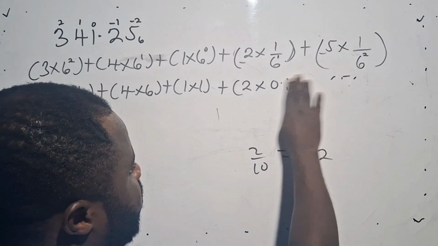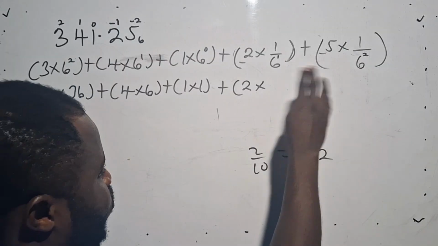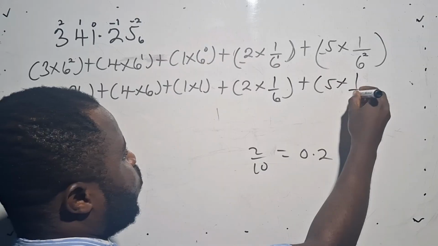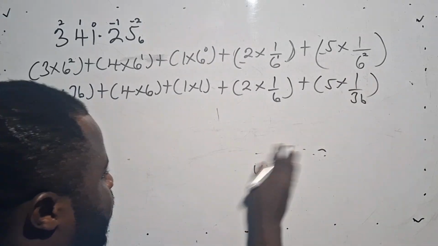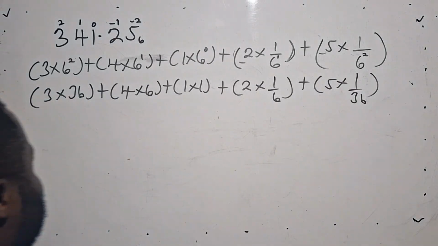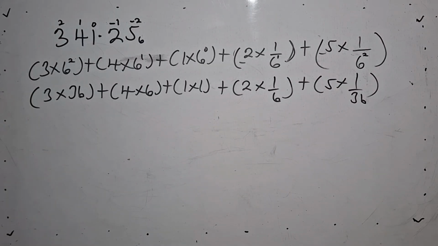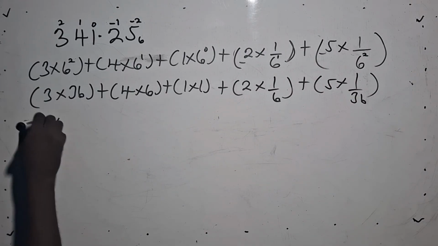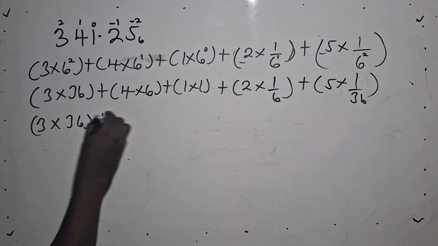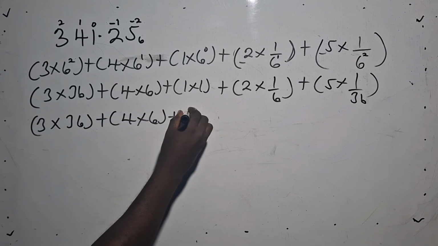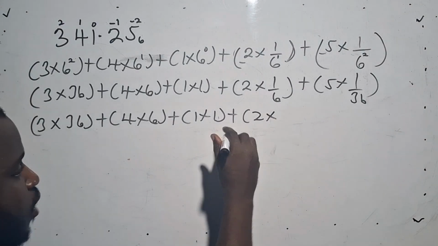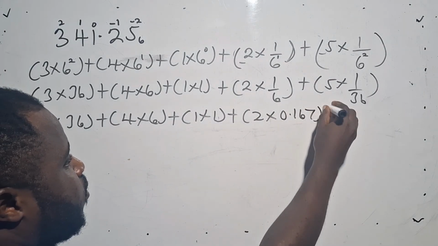Okay, let me even make it step by step. I don't want to jump steps. So 1 on 6 here plus 5 times 1 on what? 36. I've told you when I'm teaching, I don't want to jump steps. So let me repeat this again. 3 times 36, plus 4 times 6, plus 1 times 1, plus 2 times 0.167.